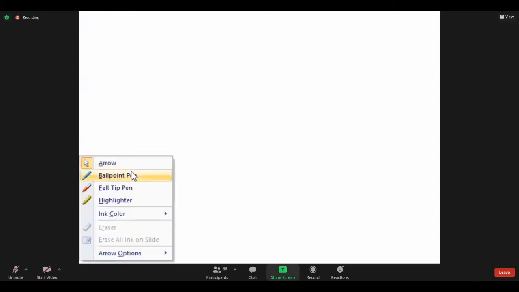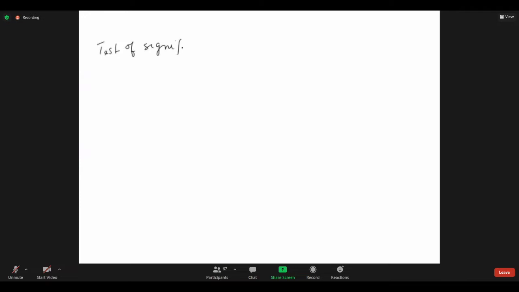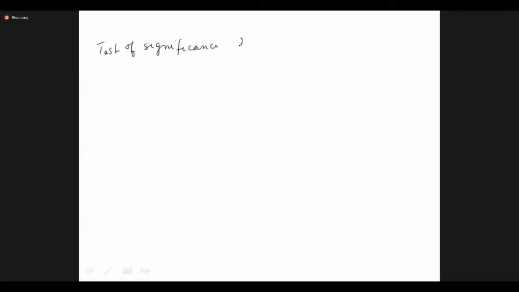Now today we are going for the test of significance for small samples. In the earlier class we saw the test of significance for large samples, mean and proportion, where we used the standard normal distribution.